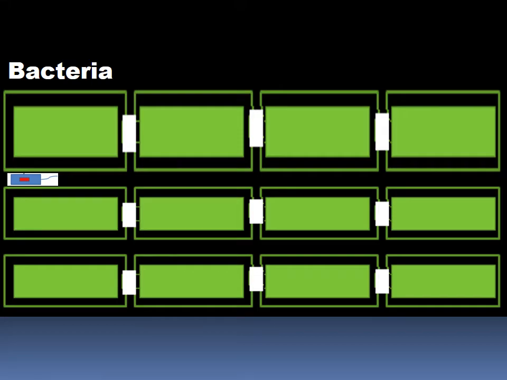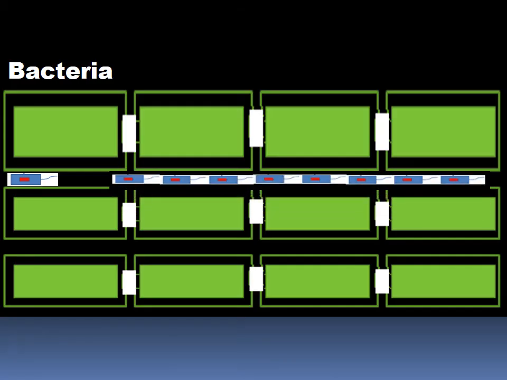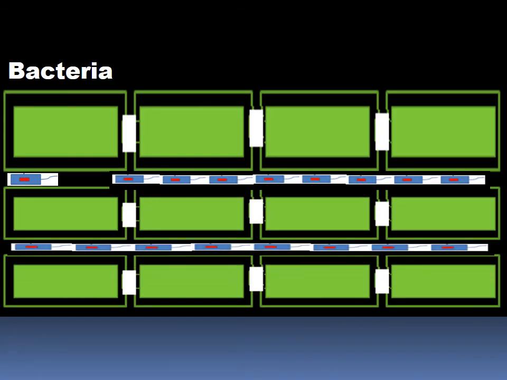Unlike fungi, bacteria don't increase in size. However, they increase in number, and we all know that bacteria reproduce asexually by binary fission. And if the conditions are suitable, then a single bacterium can produce 1 million copies in 24 hours.